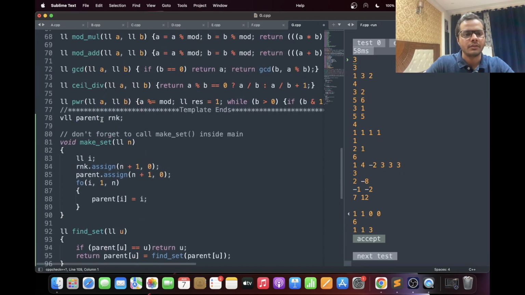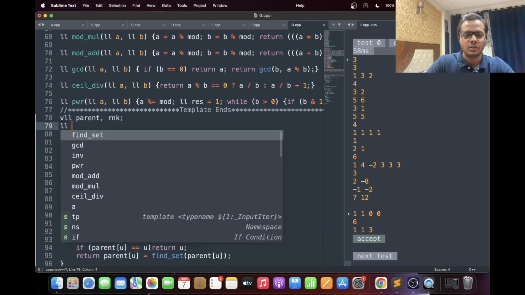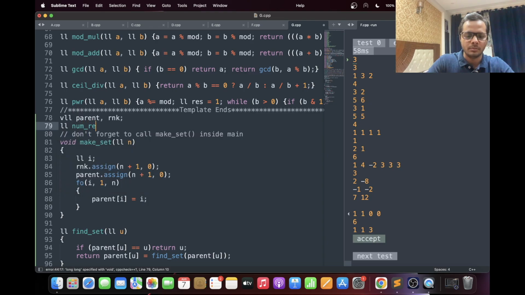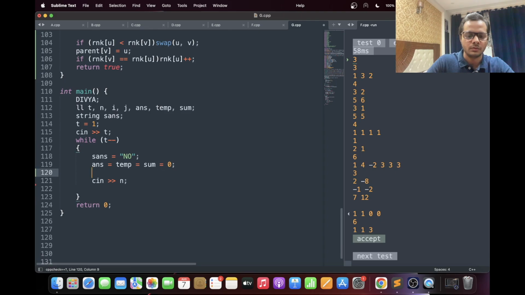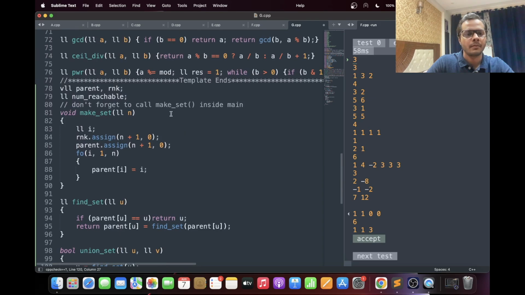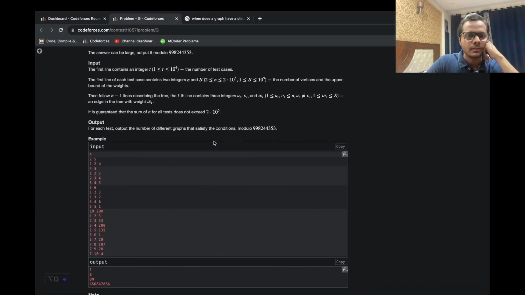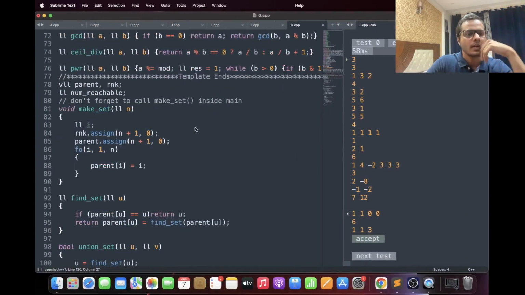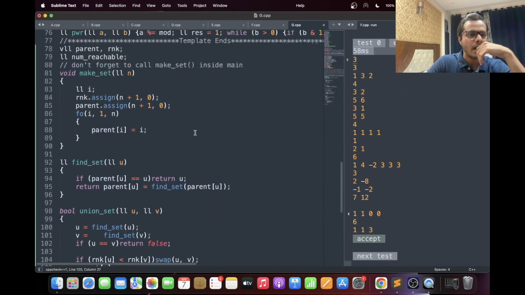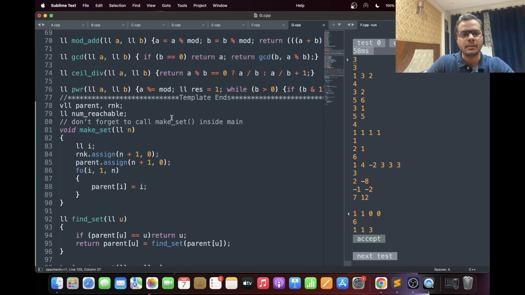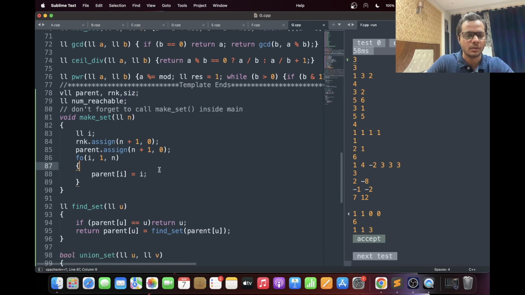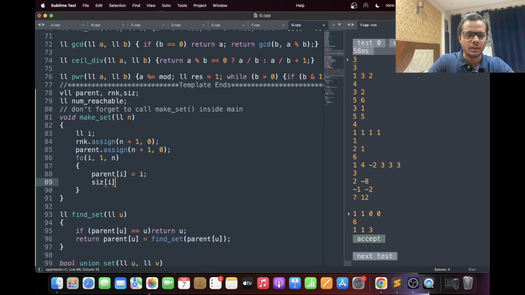So let's first modify this DSU function. We need another variable num reachable, which we'll initialize to 0. And we'll also need the sizes. So let's just maintain this value sz. sz of i is equal to 1.